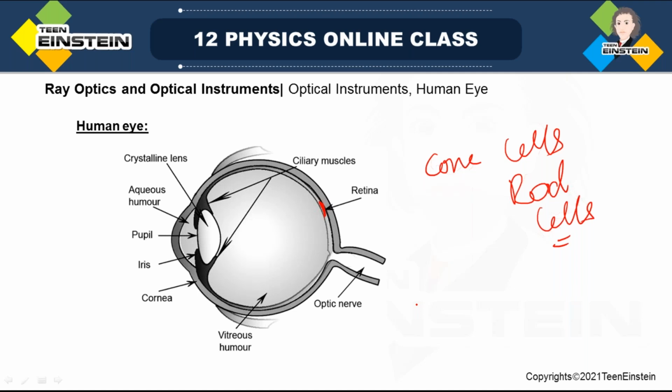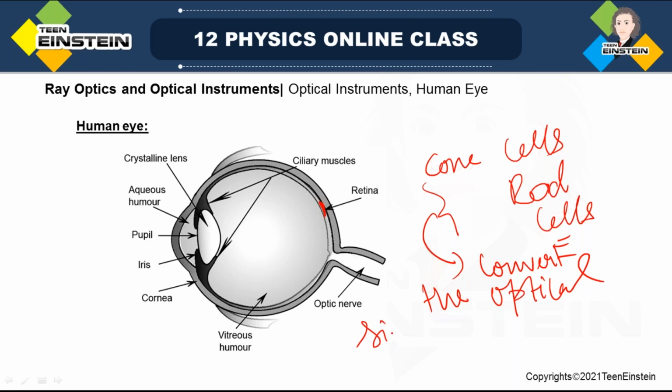And what do these light sensitive cells do? These cells convert the optical signal into an electrical signal.